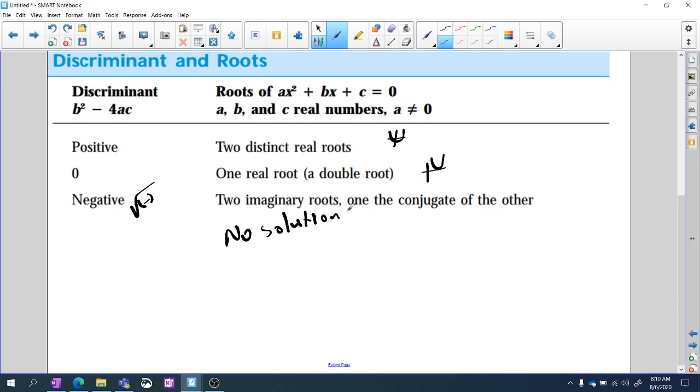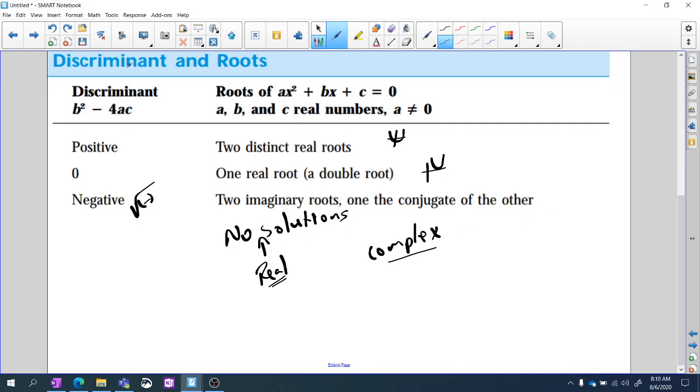Now when I say no solutions, what I mean is no solutions in what are called the real numbers. As I said, they can also be referred to as imaginary roots, or they're also called complex roots. Complex numbers and imaginary numbers are interchangeable.